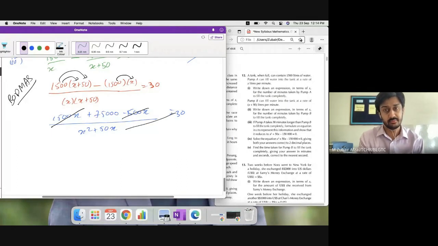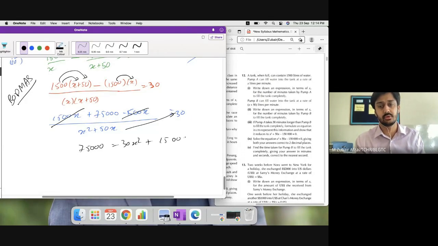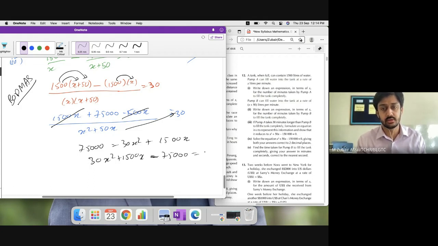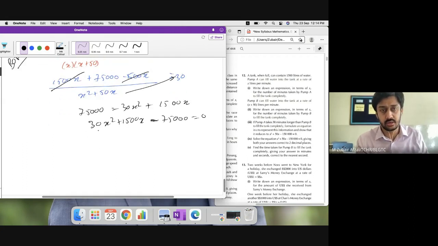Now cross multiply. This is 75,000 equals 30x square plus 1500x. Rearranging, 30x square plus 1500x minus 75,000 is equal to 0. And all these are divided by 30.